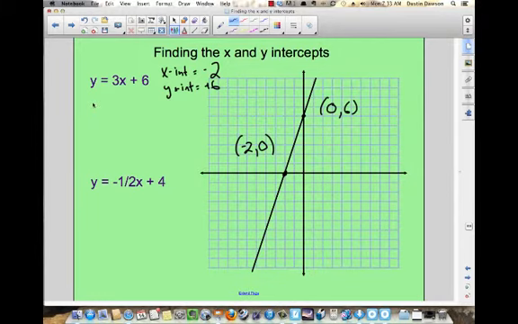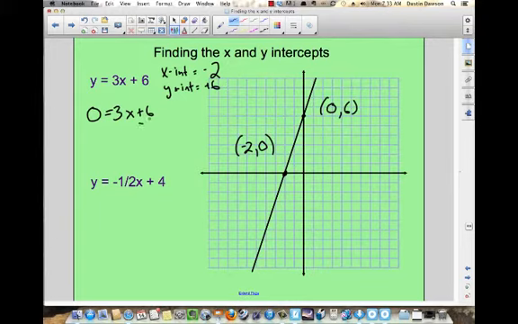And so if y is 0 at the x-intercept, that means 0 equals 3x plus 6. And this now is a two-step equation that we can solve for x and find out the value.